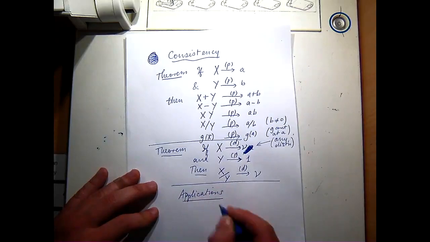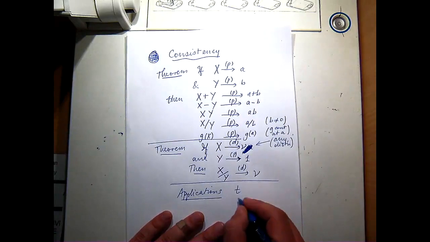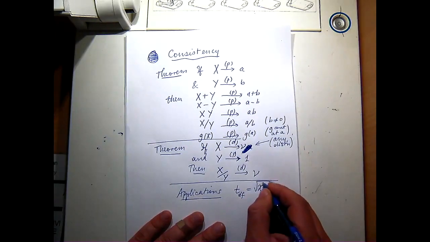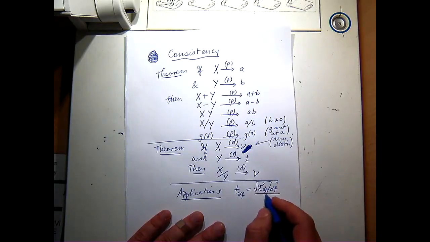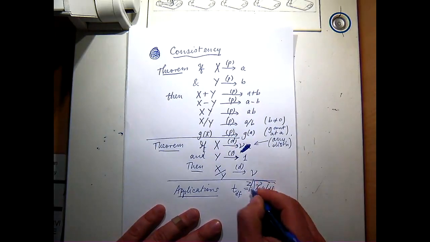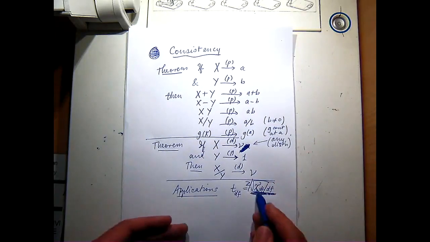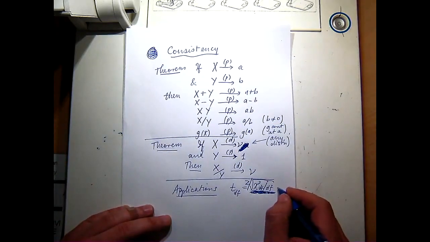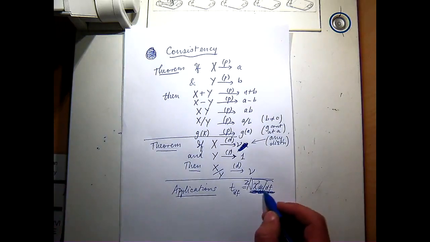Applications: a t distribution with df degrees of freedom is the same as Z divided by the square root of chi squared df divided by the number of degrees of freedom. We know that chi squared with very large degrees of freedom is approximately df.